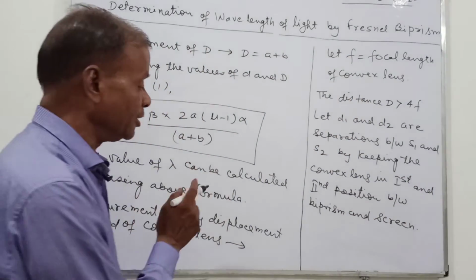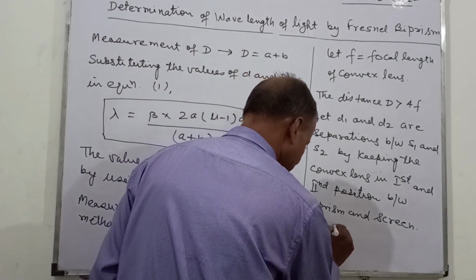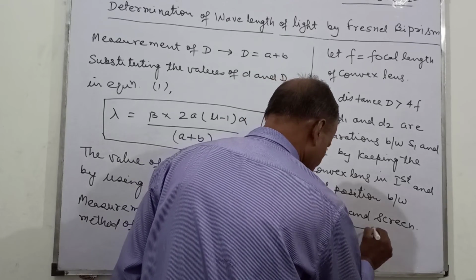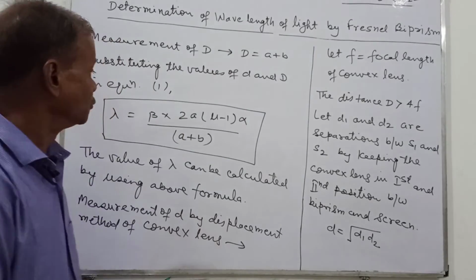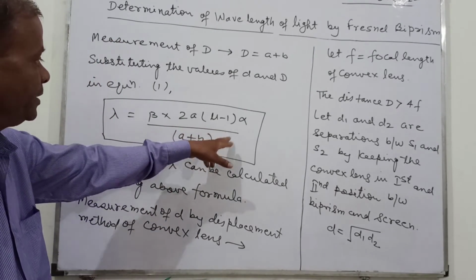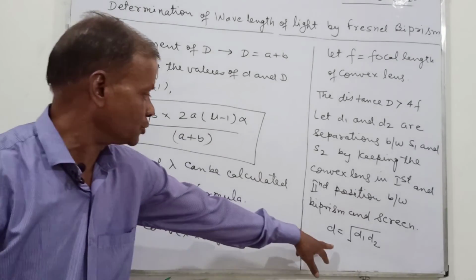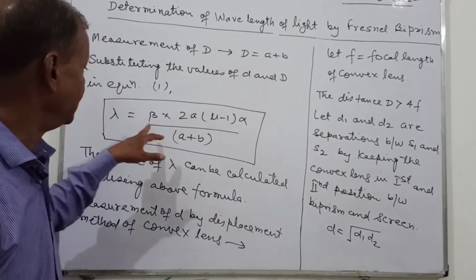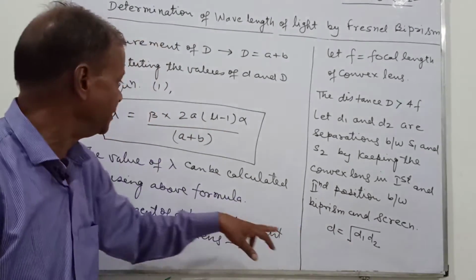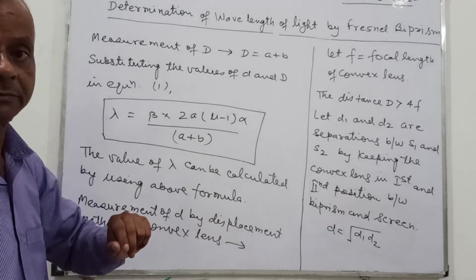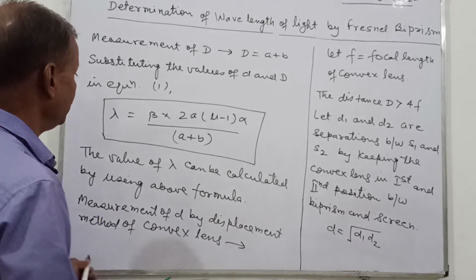So d will be how much? This d is equal to the square root of d1 d2. So now in place of small d, we can use the square root of d1 and d2. Then the formula becomes beta into square root d1 d2 upon a plus b. So now we can have a new formula.